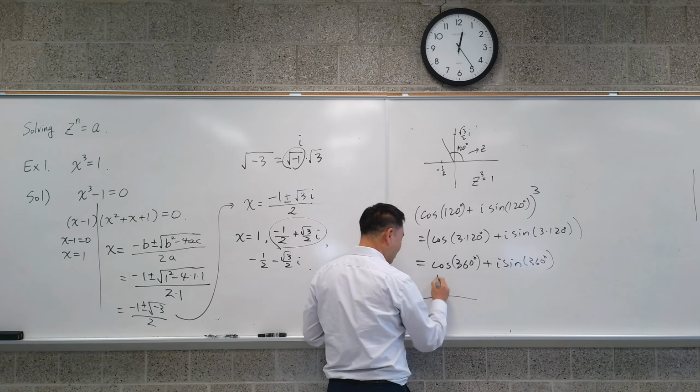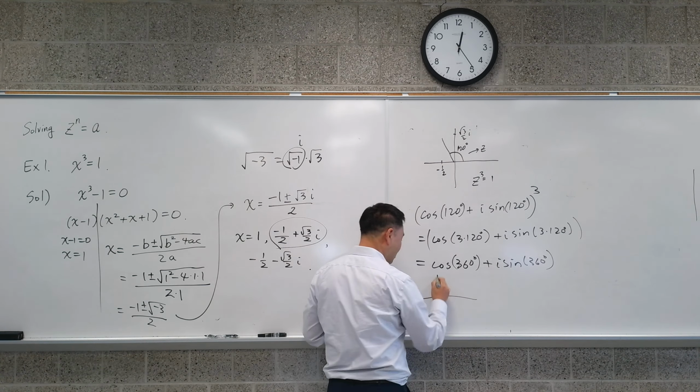Now, let's think about the third power of this guy. That's like taking this and taking the third power. Again, what does De Moivre's theorem say? 3 times 240, i sine 3 times 240. 3 times 240 is 720.